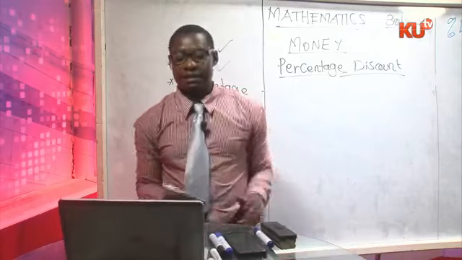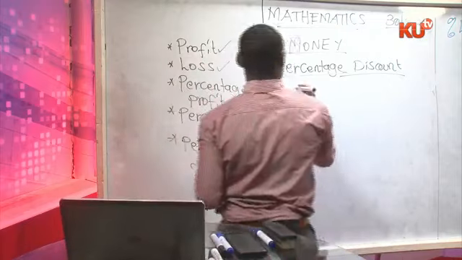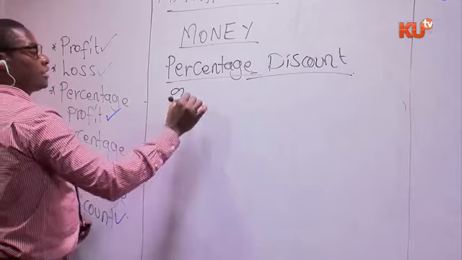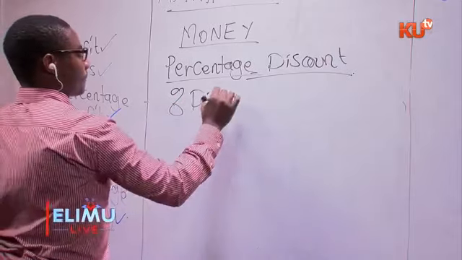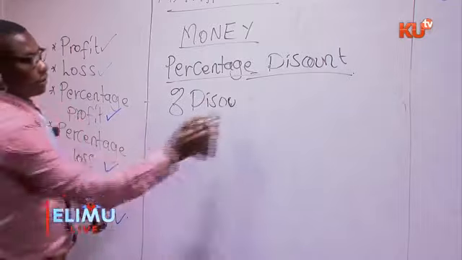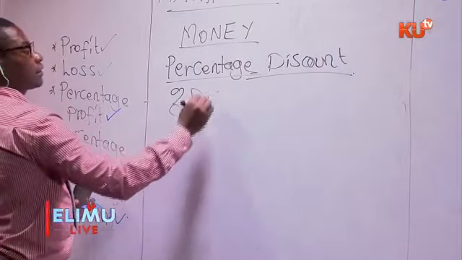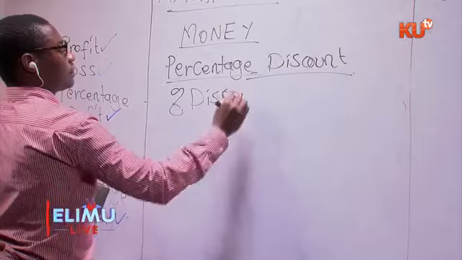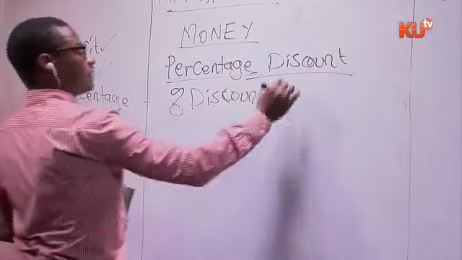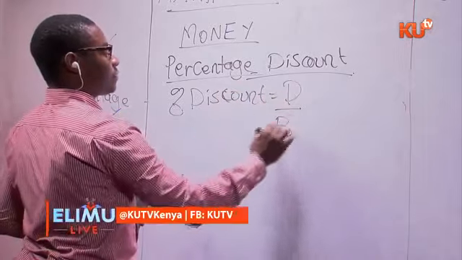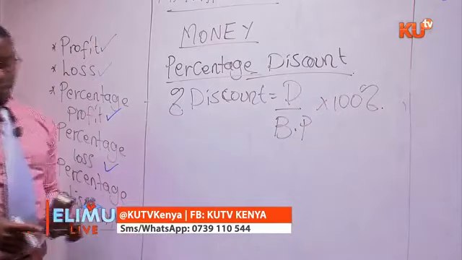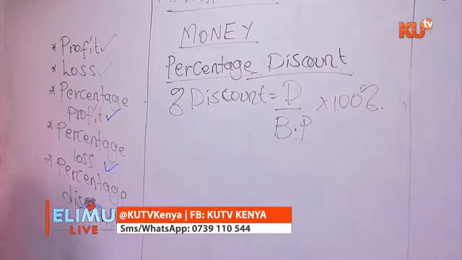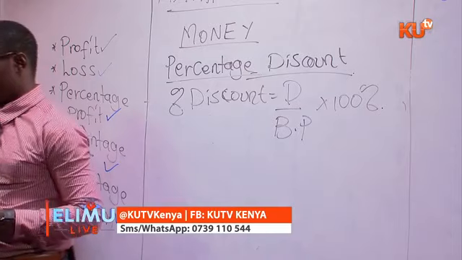So we calculate percentage discount as discount over buying price times 100%.